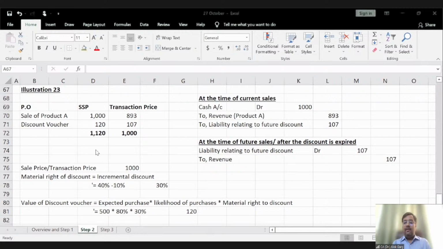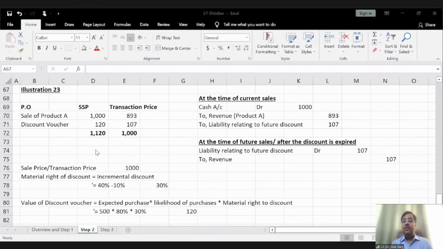Okay. So Avija is asking how much discount is allocated to the next purchases, sir. Avija, we have calculated the total standalone selling price. The value of the standalone selling price was 1120, but the actual money you are getting is 1000 only. The transaction price is not 1120, it is only 1000 rupees, right? And that is why we have allocated 1000 in the proportion of standalone selling price.